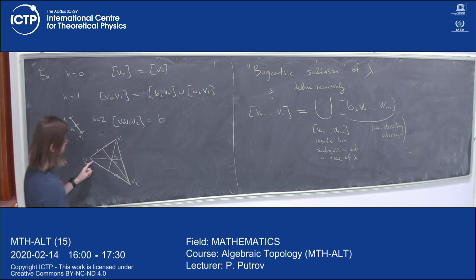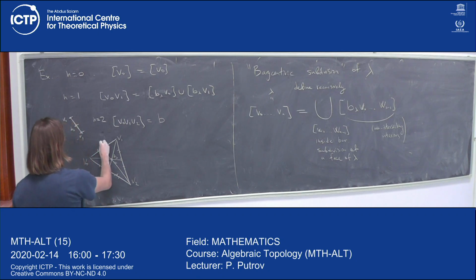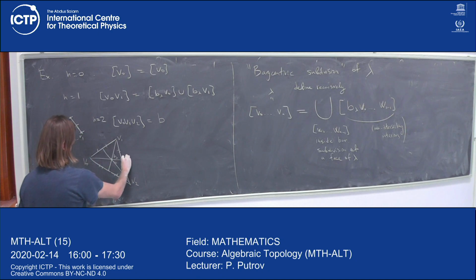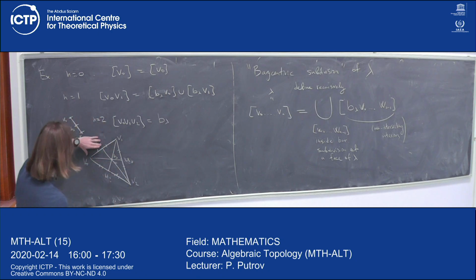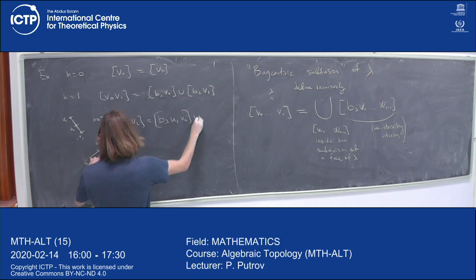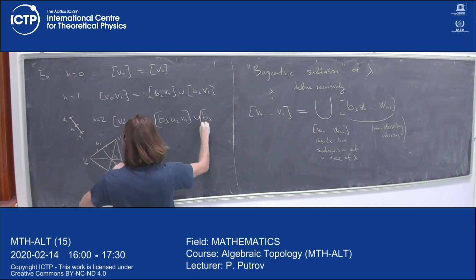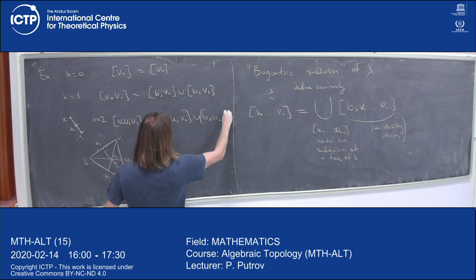If I denote these, for example, U0, U1, and U2, then in particular there will be b lambda U2 U0 union b lambda U2 U1 and so on.